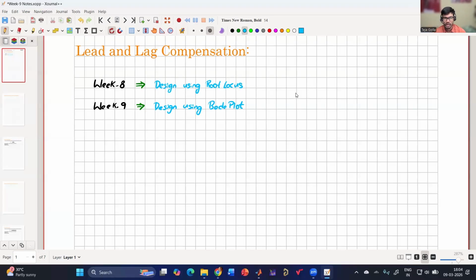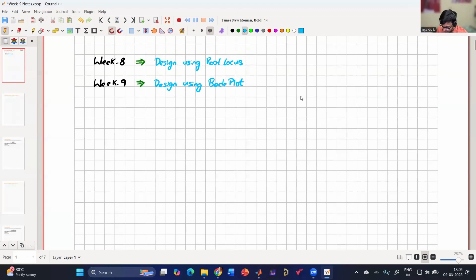We can ask ourselves what we did in the root locus and what we are doing in the Bode plot, in terms of pole locations, the root locus plot, the Bode plot, the design guidelines, and how we approach the problem in different methods. The final goal is to design the compensator.